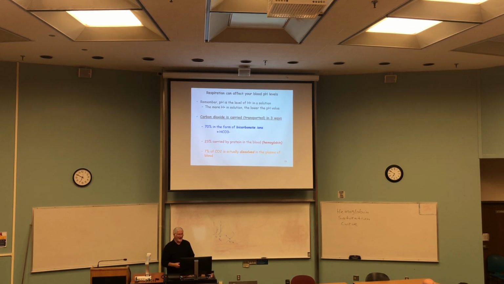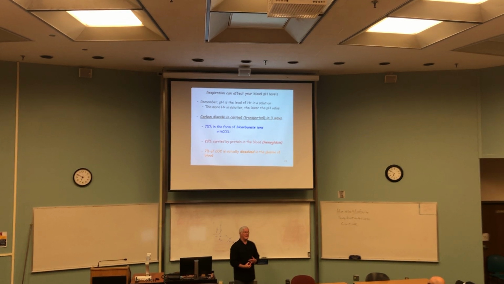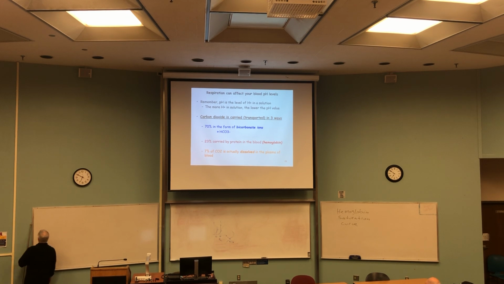And we have to think about why the majority of my carbon dioxide is transported not as CO2, but as a bicarbonate ion, because bicarbonate is kind of a hidden CO2. So you are going to memorize this equation. It's going to become your favorite equation because we're going to see it several times throughout the quarter.